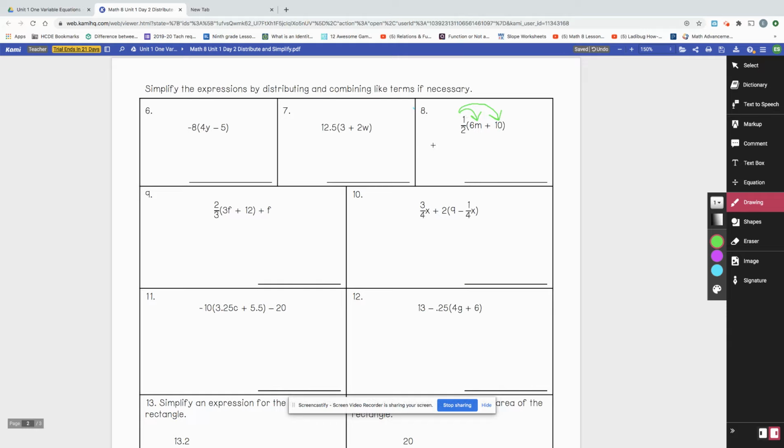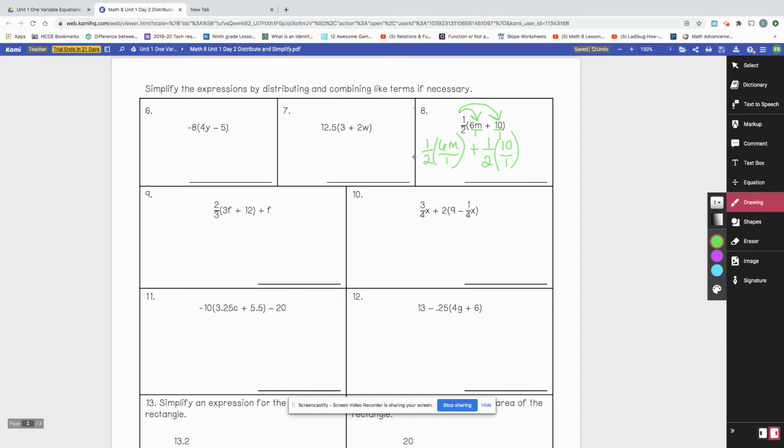Well, this is a more familiar one. 1/2 times 6 times m. I'm going to put 6 times m over 1 because a number divided by 1 is still itself. Then I have that 1/2, and I'm also going to make this whole number 10 into 10 over 1.